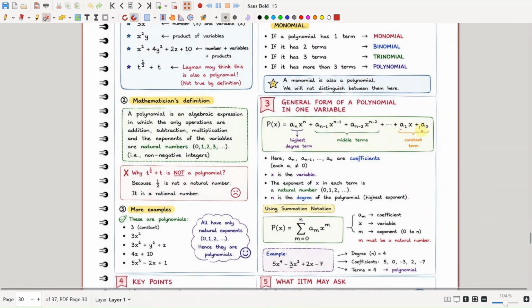This is a constant term, right? This is what we call a subscript, and this is what we call a superscript. In mathematical terms it will be powers, but this one we call the subscript. And these are all the middle terms, and this x power n is what we call the highest degree term.